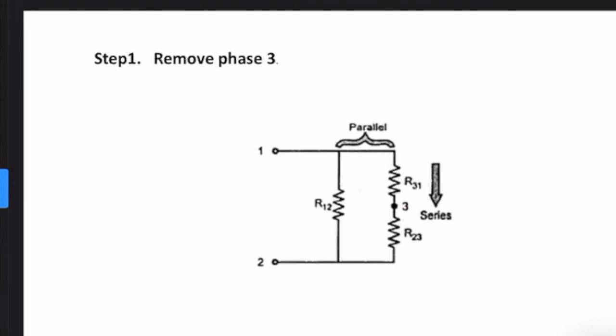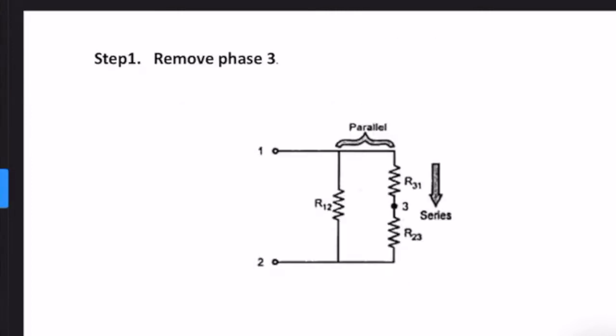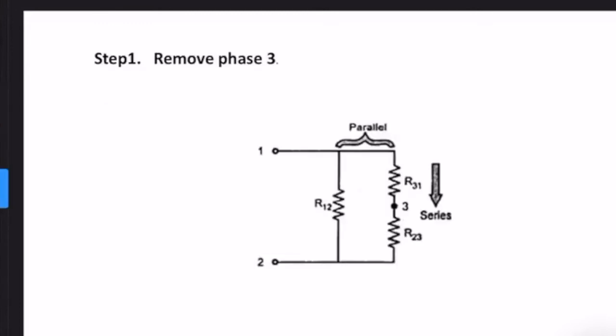R31 and R23 are going to be in series. So these two elements are in series, and the remaining element, that is R12, is in parallel with this combination.